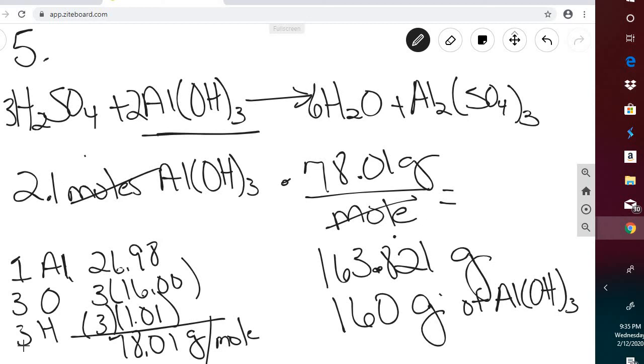Okay, so again, if given the concentration and the volume of this, if we add 160 grams of the aluminum hydroxide, it will produce a neutral solution that will neutralize this acid.